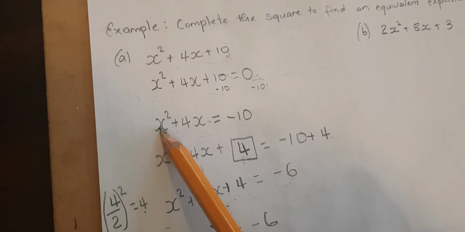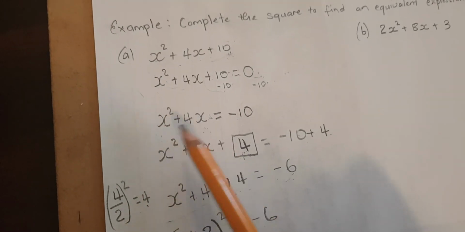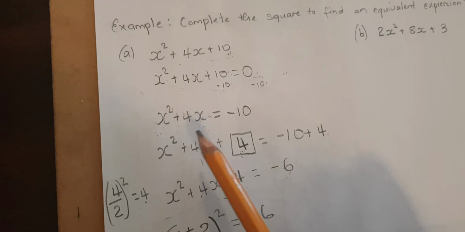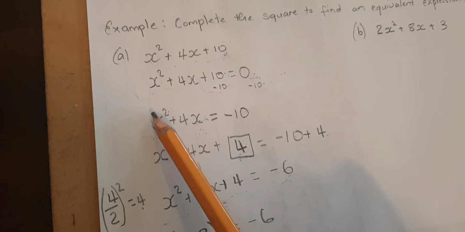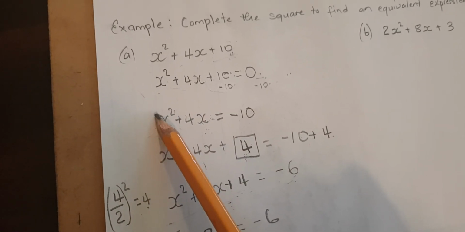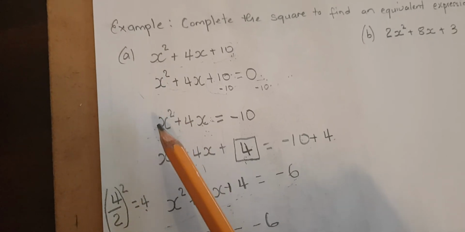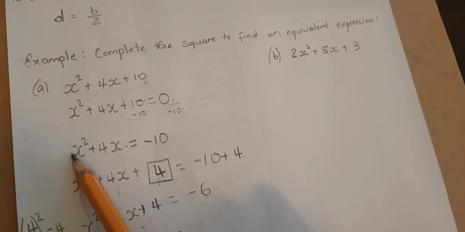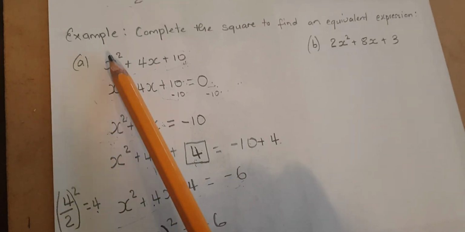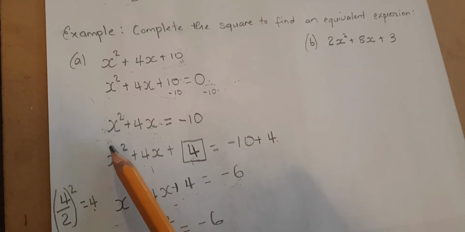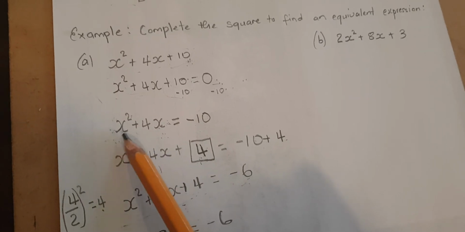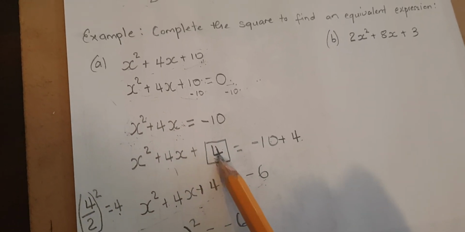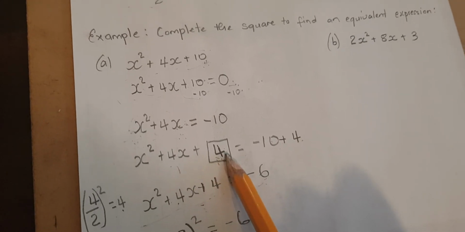Now we have all the x terms, x squared and the x term by itself. Bear in mind our a is 1. It would be a little bit different when our a is not 1, and that's when we're going to move to example B. In this case, our a is still 1, so we find our value that completes the square, which is 4.